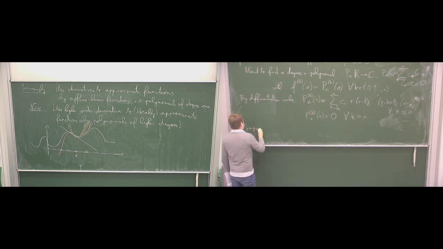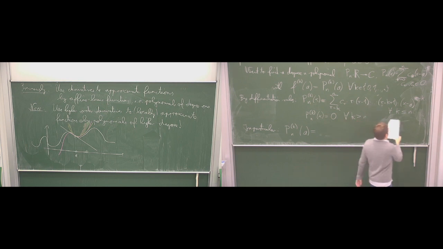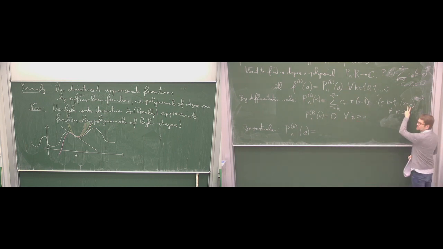this becomes much simpler. Namely, the kth derivative of Pn in a: if we insert a into this formula, we see that we have a minus a, so we have 0. So everything will be 0 inside the sum, except if the exponent is 0, because then this is 0 to the power of 0, which by definition is 1. So everything that's non-vanishing is in the case when r equals k.